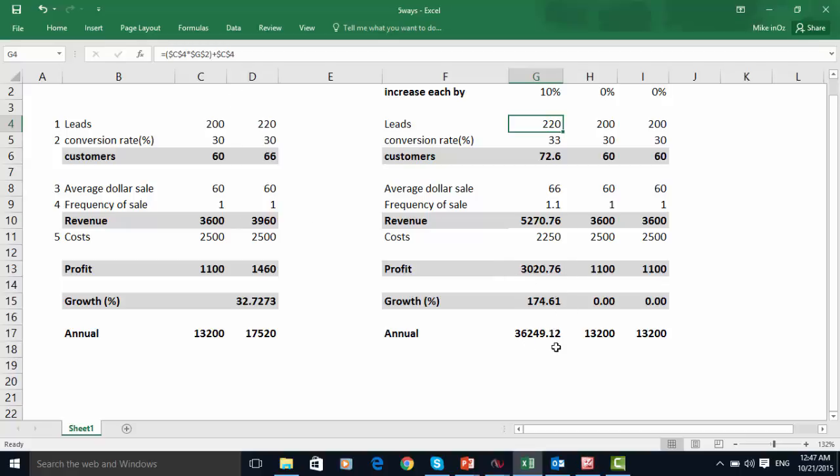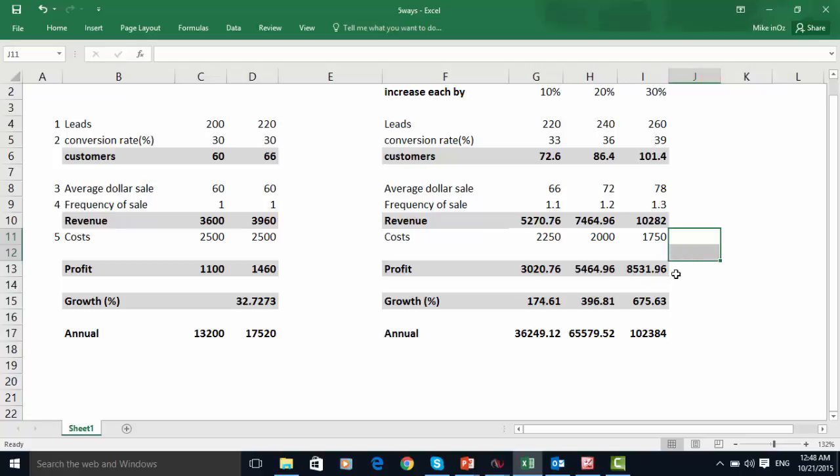Or annualized, we're now at $36,249 rather than $13,200. But of course we can do better than that. What if we were to increase by 20% or even 30%? You can start to see massive exponential growth in your business. We're up now at 30% to 101 new customers per month, a revenue of over $10,000 per month with our costs now down to $1,750, and a profit of over $8,500 per month.